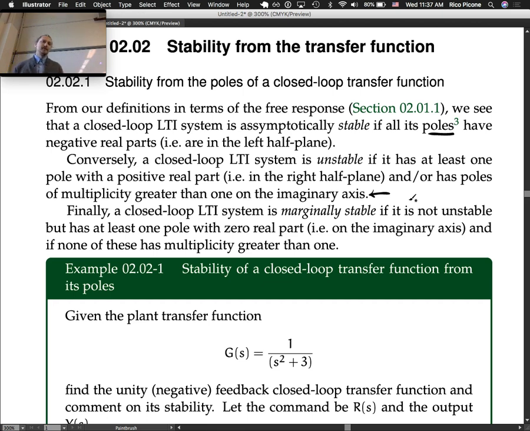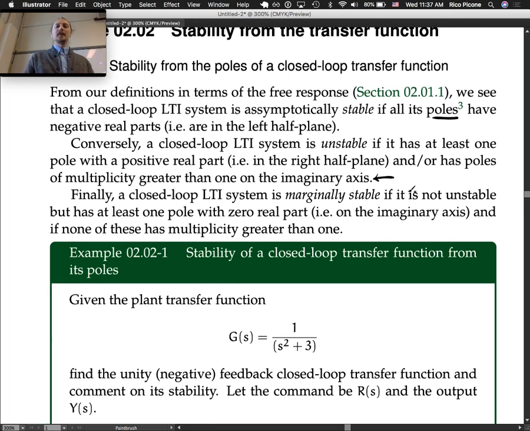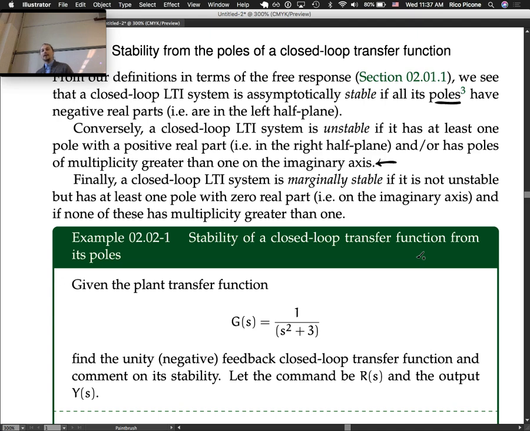So the multiplicity thing comes from the solution including a factor of t or more for multiplicity. Finally, a closed loop LTI system is marginally stable if it is not unstable but has at least one pole with 0 real part, in other words, on the imaginary axis, and if none of these has multiplicity greater than 1. So that would be marginally stable.